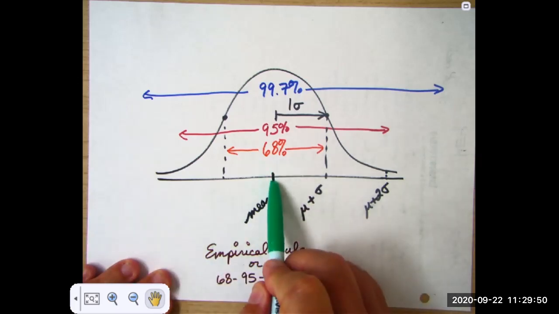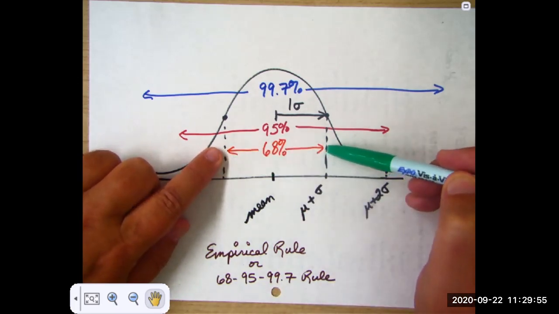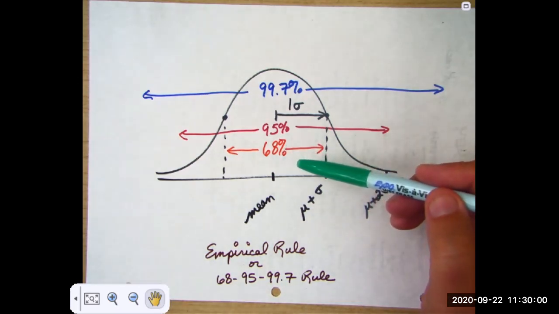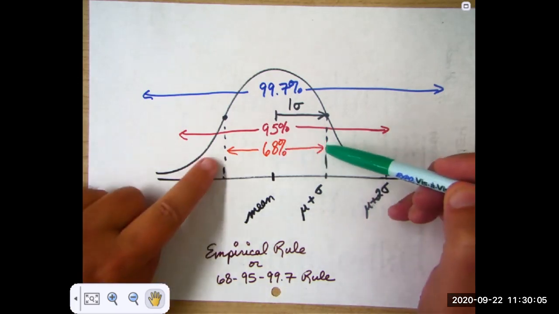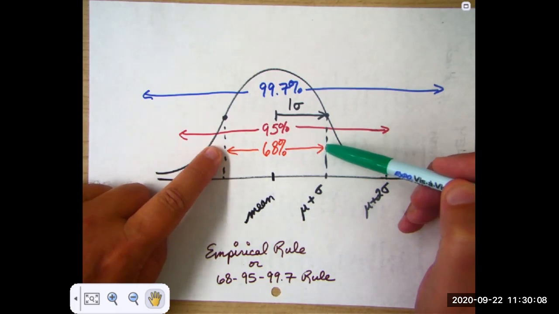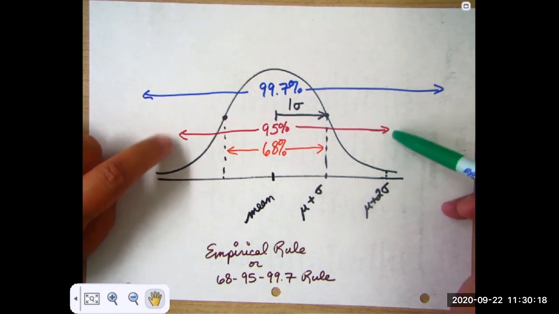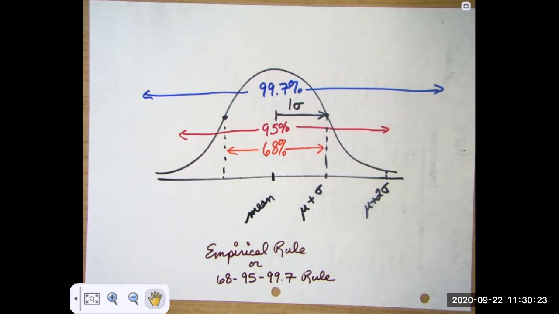Within one standard dev of the mean, so we go from -1 to +1 standard dev from the mean, approximately, and this is just a rule of thumb, we'll use tables and get more accurate later, approximately 68% of your data, if it's normally distributed, will fall within one standard deviation of the mean. 95% of your data will fall between -2 and +2 standard devs from the mean. So within two standard devs.